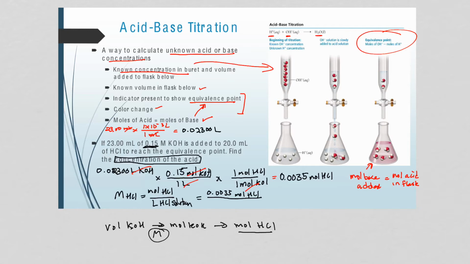Well, I had 20 milliliters, so this is going to be 0.020 liters, after our milliliters to liters conversion. So we do moles divided by liters, and this gets me to 0.175 molar HCl.